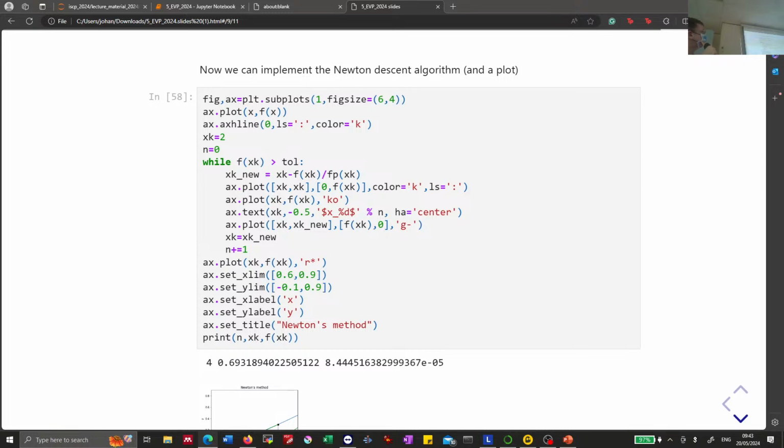Then we put a text, that is my x div value, where we align it at the center, slightly shifted below, and then we plot from xk to xk new, from the function value to 0, and make it a green solid line.